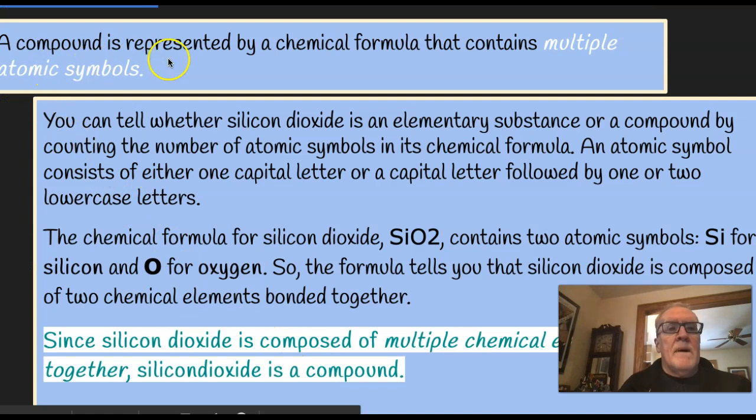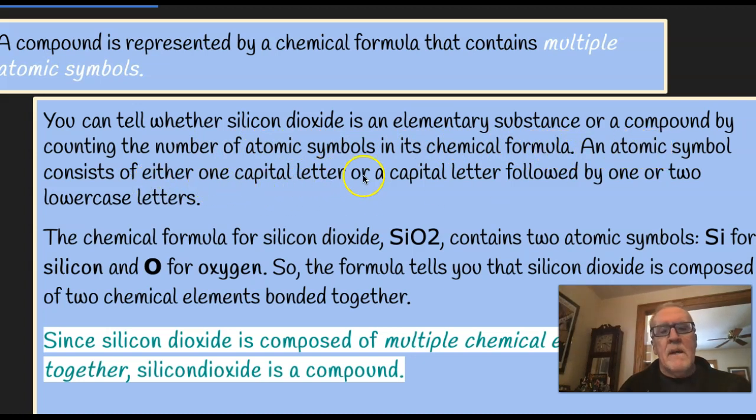Compounds. A compound is represented by a chemical formula that contains multiple atomic symbols. You can tell whether silicon dioxide, don't be scared of the name, it's a very simple thing, is an elementary substance or a compound by counting, here's the clue, counting the number of atomic symbols in its chemical formula. An atomic symbol consists of either one capital letter or a capital letter followed by one or two lowercase letters. We know this.